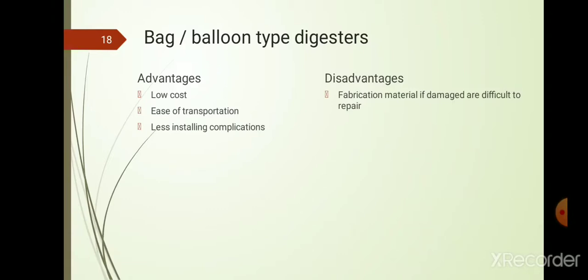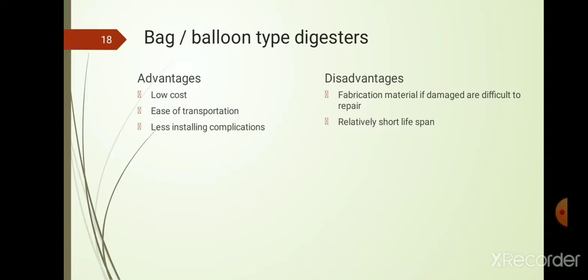But the disadvantage is that the fabrication material, if damaged, is very difficult to repair. So once the bag or balloon gets damaged, leakage will be there and it will be very difficult to repair this type of plastic. So obviously it has a relatively short lifespan, not like the other digesters.